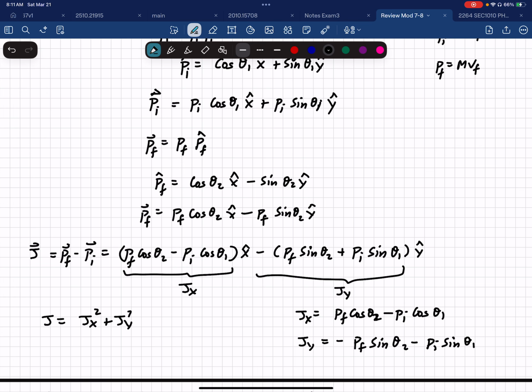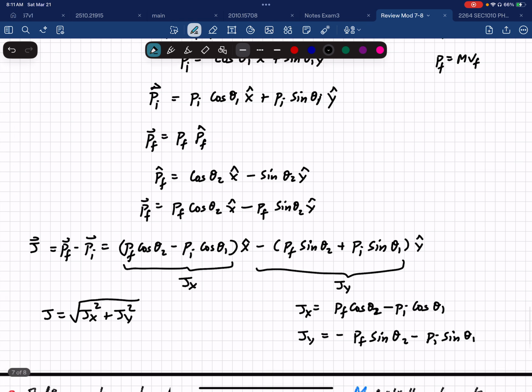Please remember, every vector's magnitude is the hypotenuse of the x and the y. So this is all about the impulse and the force.